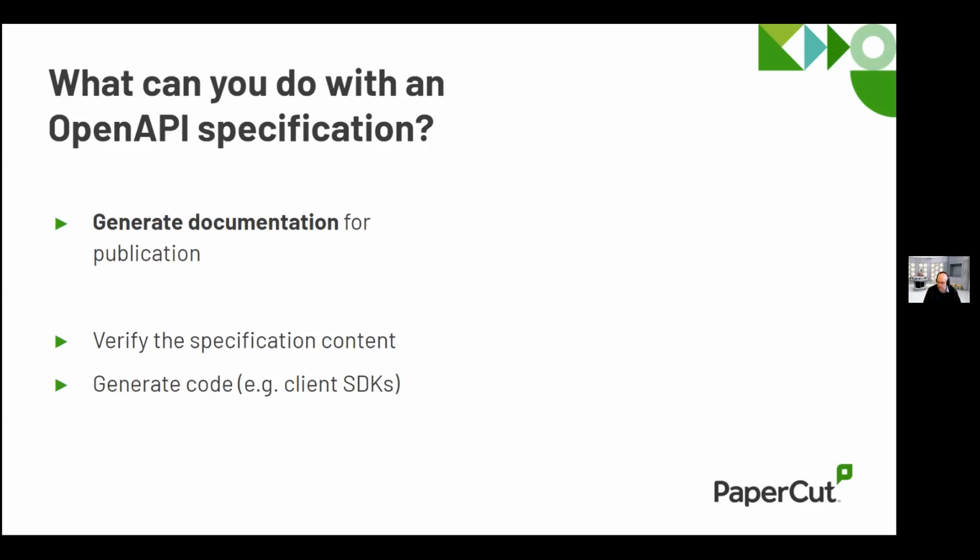Along with that contract, you can supply helper software to enable third-party developers to get started more quickly, because you're abstracting away some of the details in these software development kits. And you can generate the software development kits with various tools from the specification.